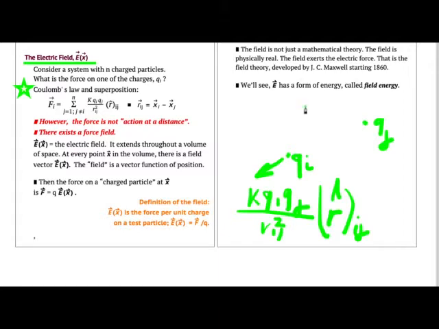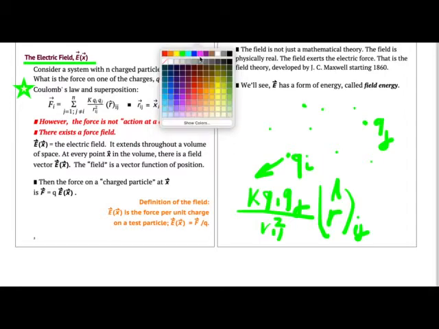Now, if we have many charges, they will all create a force on Qi, and we have to add up all those forces. So this Greek letter sigma means sum. And Rij is the vector from Qj to Qi.